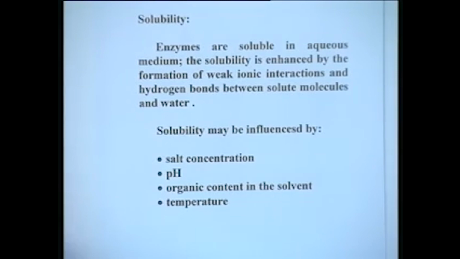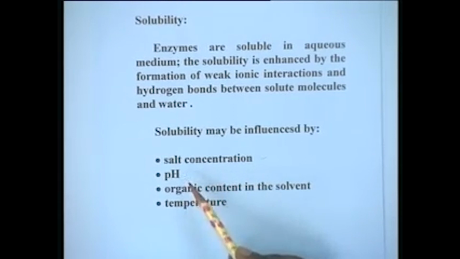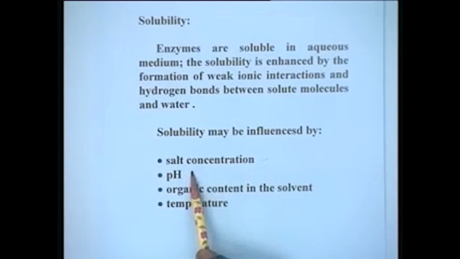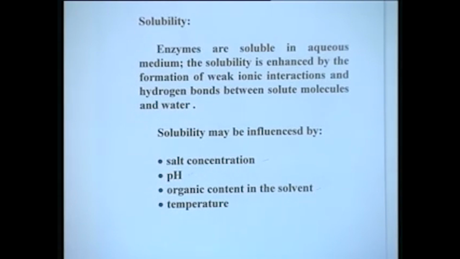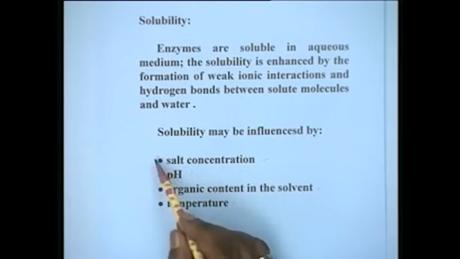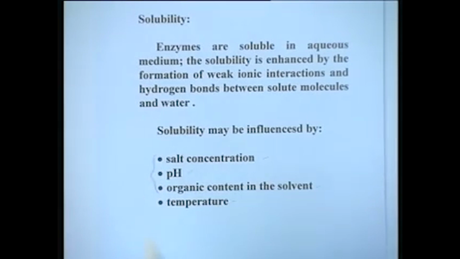Now, usually the solubility can be influenced by salt concentration, that means the ionic strength, the pH, the organic content in the solvent, that means addition of an organic polymer can affect the solubility, and of course temperature is a universal parameter which influences solubility. But you will notice that at least the first three parameters are very commonly used even for isolation of an enzyme sample from a crude protein sample.